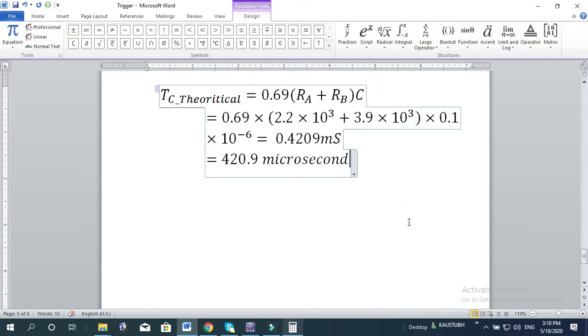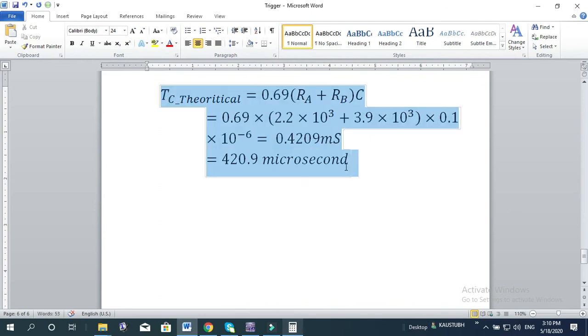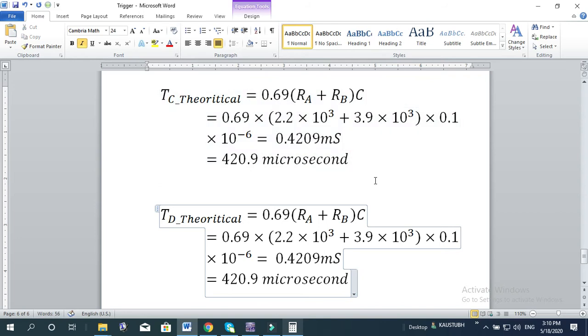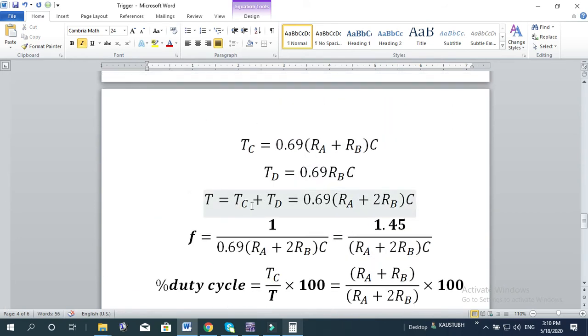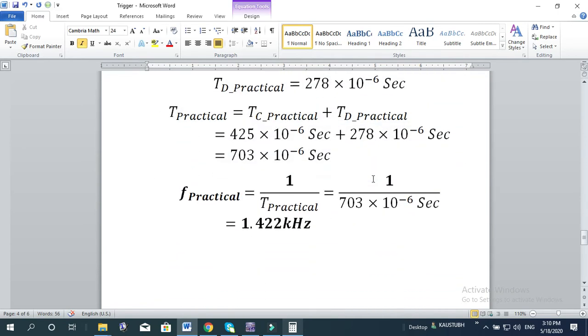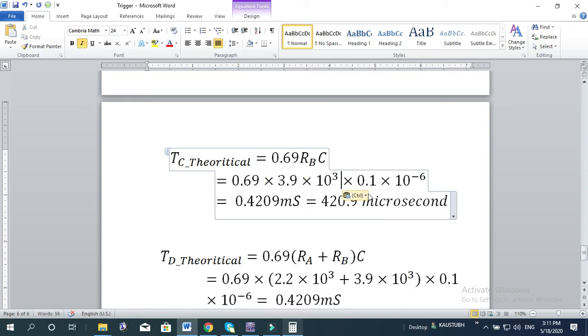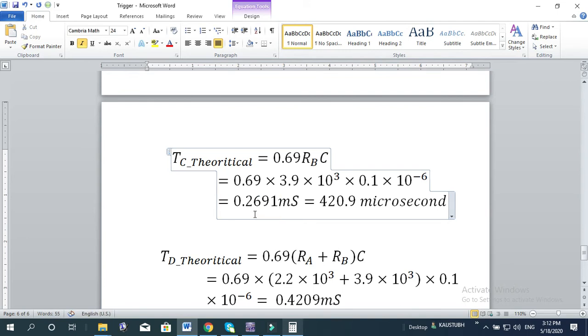Similarly, TD theoretical is 0.69 RB C. So 0.69 into RB, which is 3.9 into 10 to the power 3, that is 3.9 kilo ohm, and into C, which is 0.1 microfarad, so it will come out to be 0.2691 millisecond.